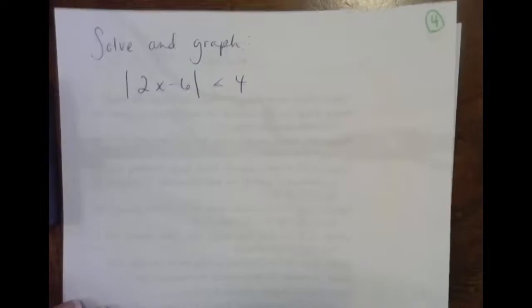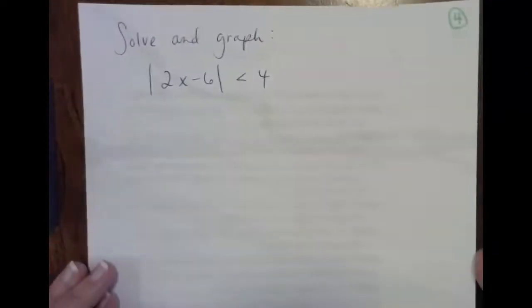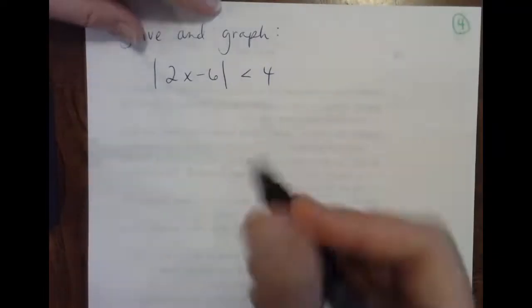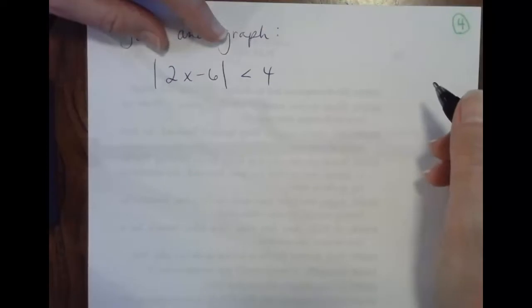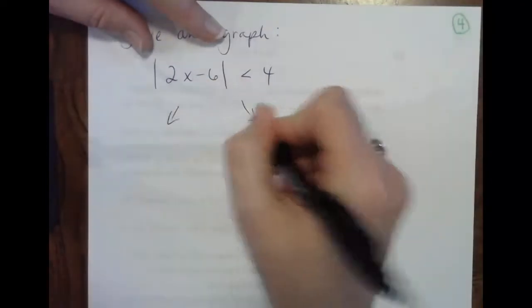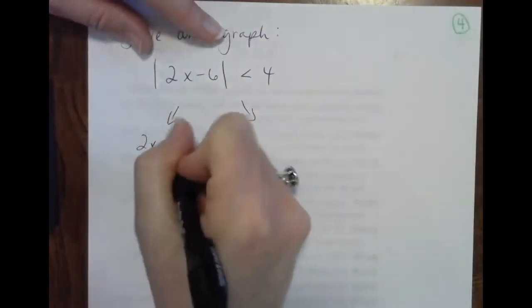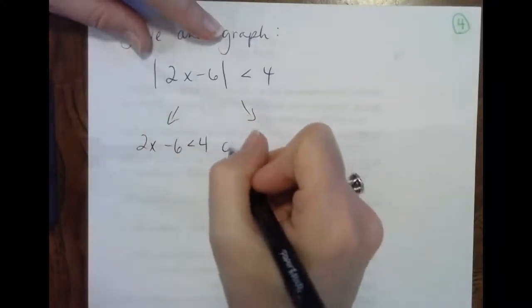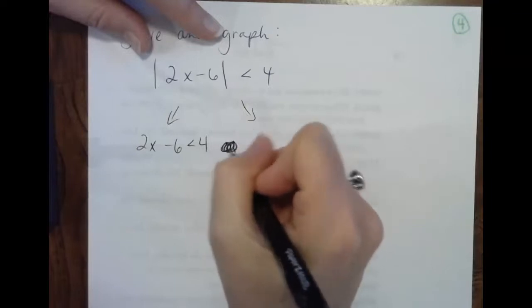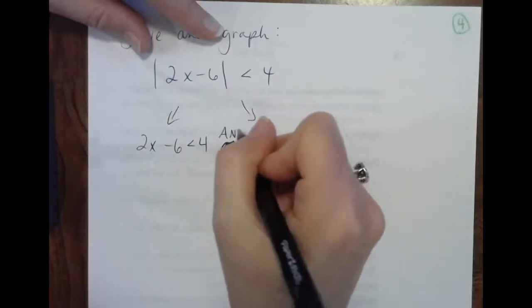Moving back to absolute value, so solve and graph. If we're going to solve and graph here, we're still going to follow our steps: isolate the absolute value, which is already done for us. So we can go right to step 2, which is write two cases. 2x minus 6 is less than 4. Ooh, less than, everybody, less than.